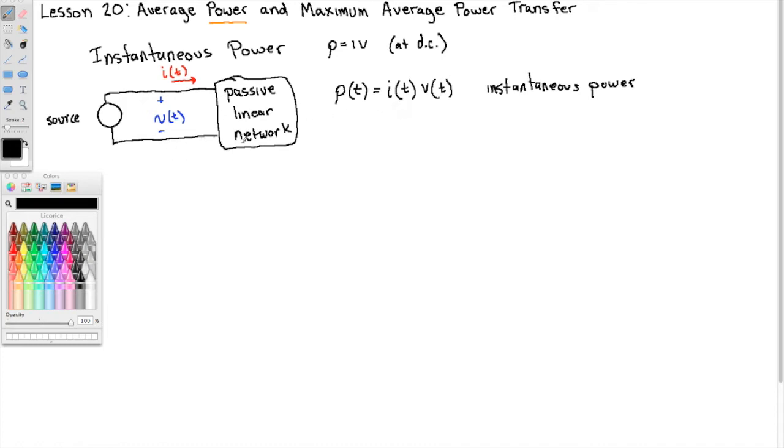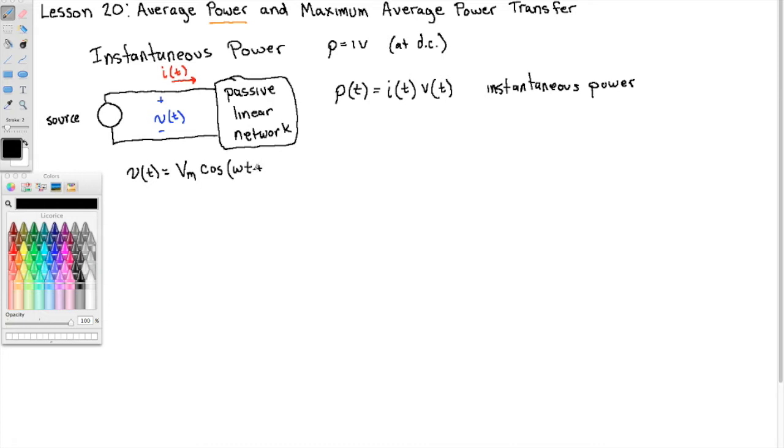Now, let's, in the general case, say that V of T is a sinusoid, so it has some maximum value, Vm, and we'll just write, say, a cosine, although I could have chosen a sine or a complex exponential, and it has some frequency omega.